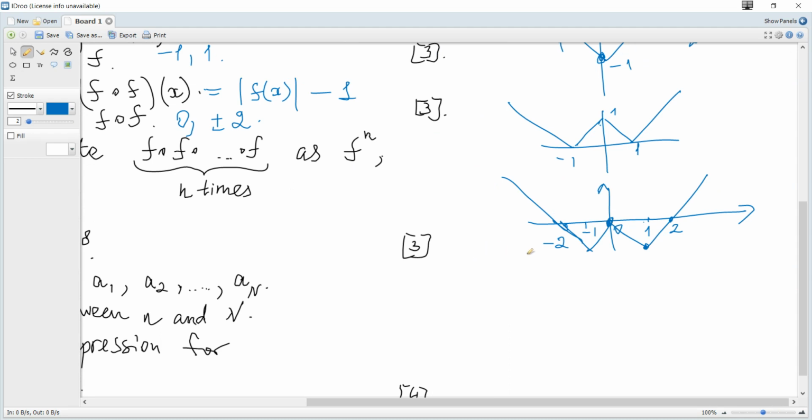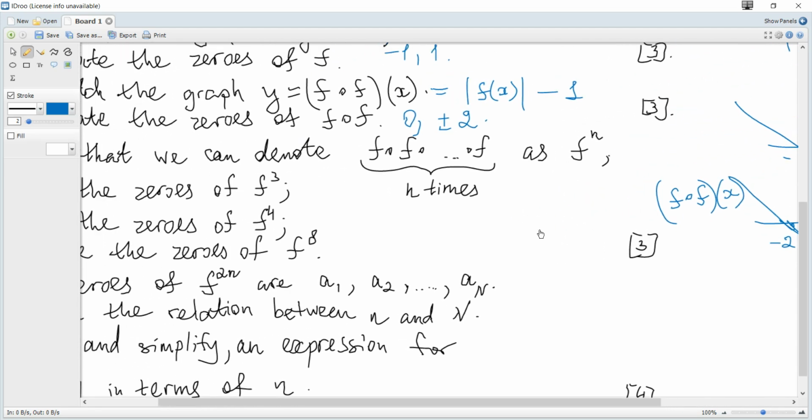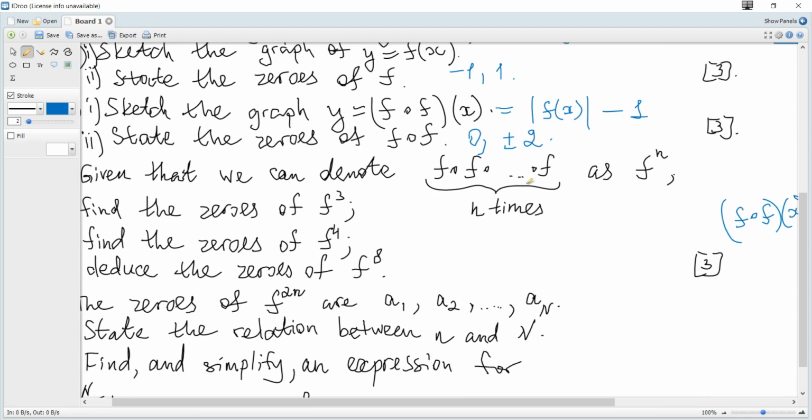So this graph is here. It's the graph of f of f of x, which is the absolute value of f minus 1, and 0, 0, and plus or minus 2.